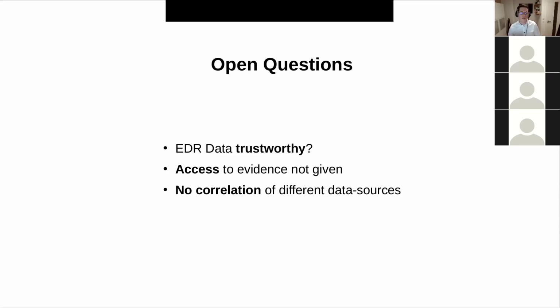So is there more information about the brake being used? Is there more information about the autopilot being on or off? This is where correlation comes into play, which wasn't possible in this case, because we only have airbag control unit information. And we also have no validation of the data sources. It's similar to the first open question about trustworthiness.